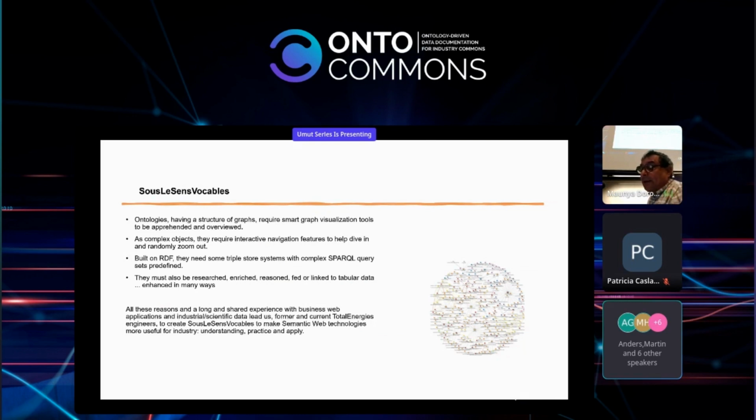They are complex objects, so we need to be able to zoom out and dive into the ontology and the graphs to understand what is inside, for non-specialist people. And it's very important to be able to query the graphs, both ontology and knowledge graphs.